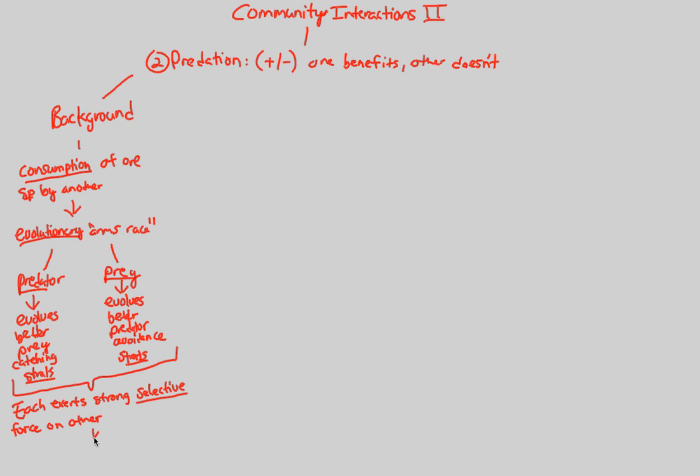This, all in all, will be termed something very easy to understand, a very nice evolutionary term called coevolution. And it's exactly what it sounds like. It's exactly what we've defined through this predator-prey relationship. Coevolution is simply the interdependence, so dependence between species.